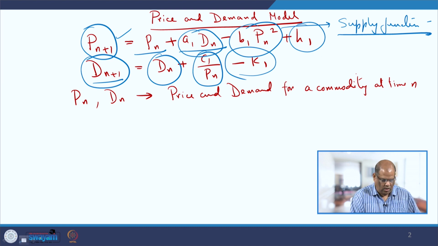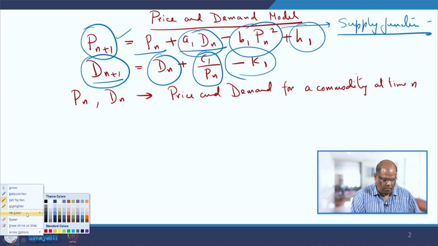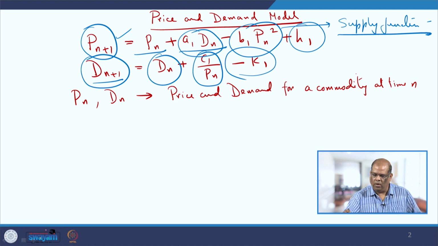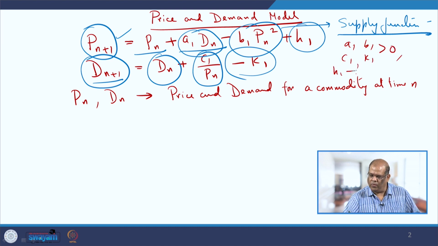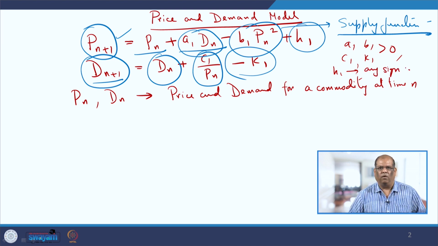Here, your parameters, that is A1, B1, C1, K1, are all positive. However, H1 can take any sign. So, now you have the idea of this demand and price model. Let us see the analysis of this.